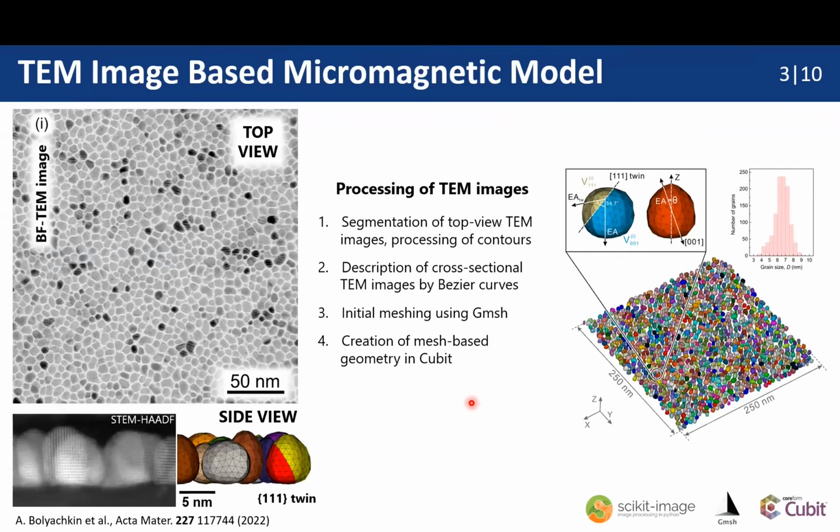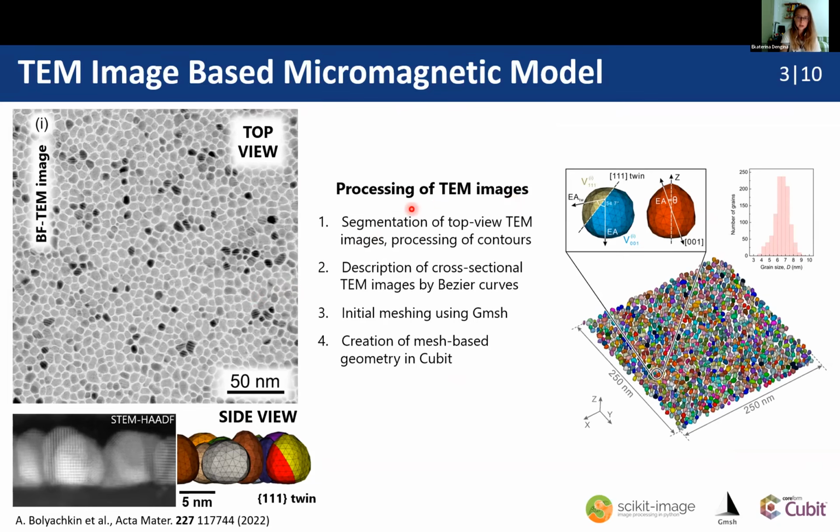So previously, the finite element model was constructed using these transmission electron microscopy images, and it reproduces the main microstructural features of the films. In particular, the grain size, the shape of the grains, and also the presence of the defects. And here you can see the short pipeline of processing of TEM images.